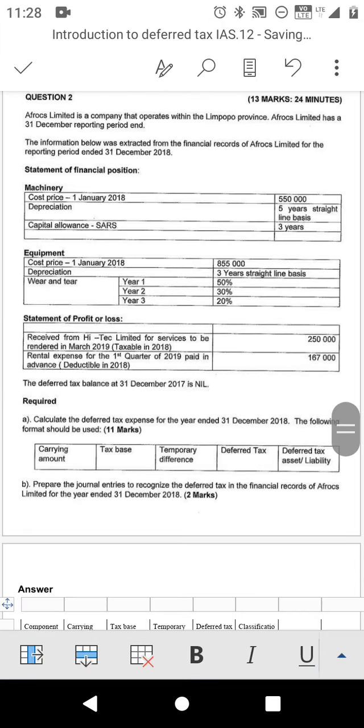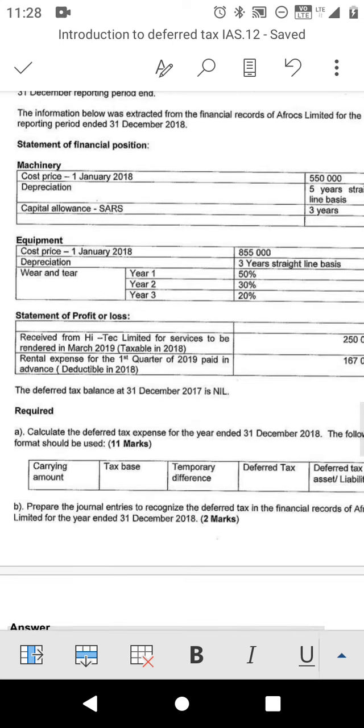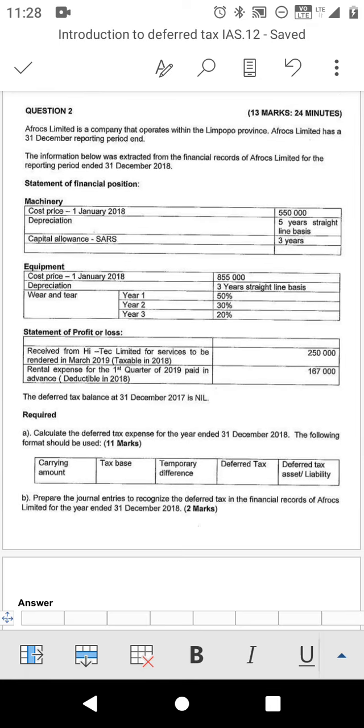Then the statement of profit or loss shows the following. Received from CAPITEC Limited for service to be rendered in March 2019, taxable in 2018. Okay, in this case we have received from CAPITEC Limited for service to be rendered in March 2019.